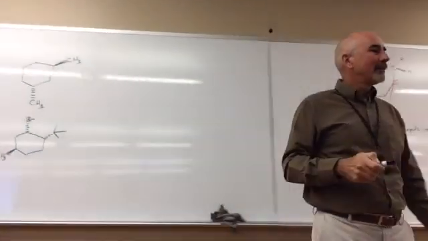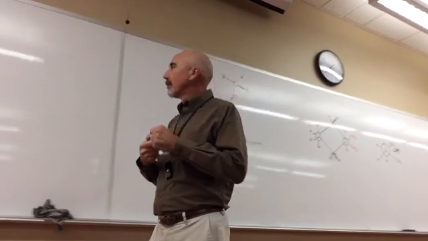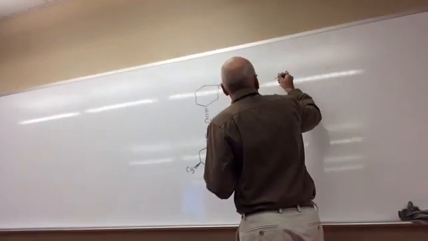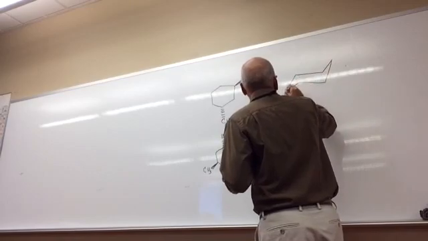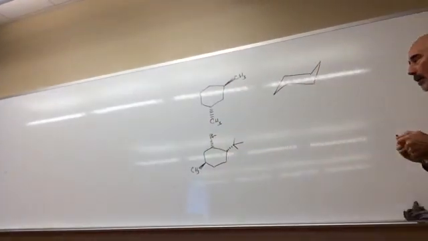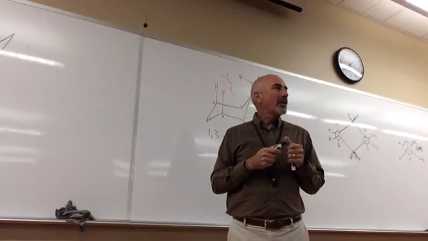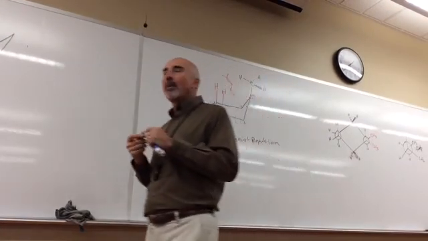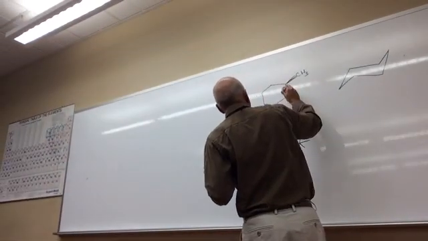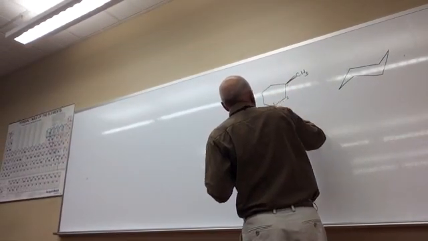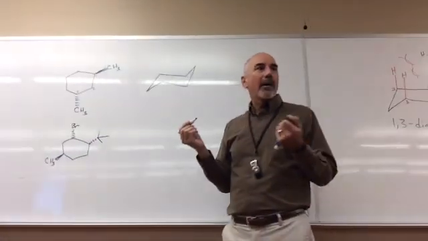All right. Anybody want to give me a... We're going to do a chair. And then I just start off by putting a group out there. So I'm going to say this is carbon 1, carbon 2, carbon 3. You can make any carbon you want 1, 2, and 3. It doesn't matter.